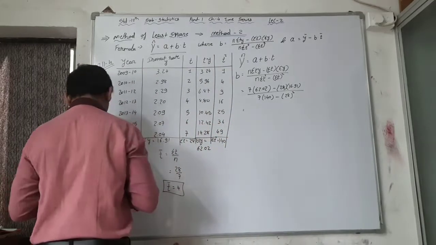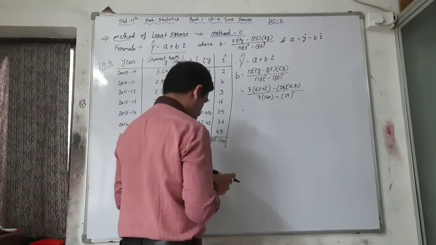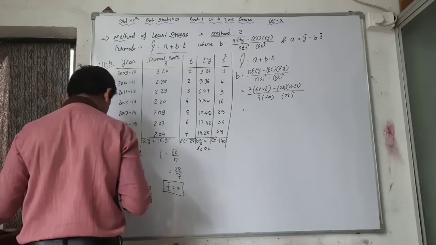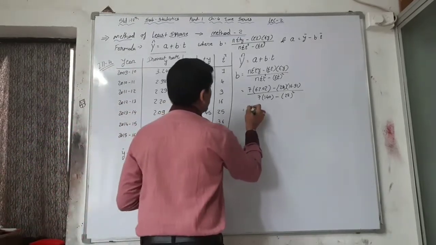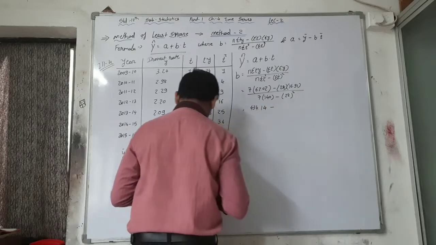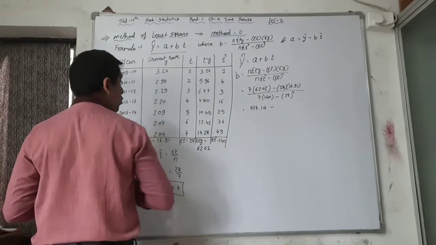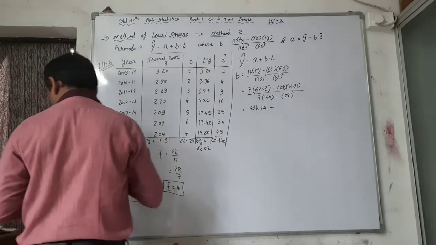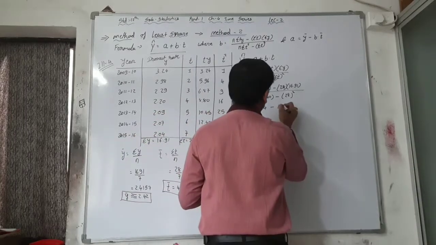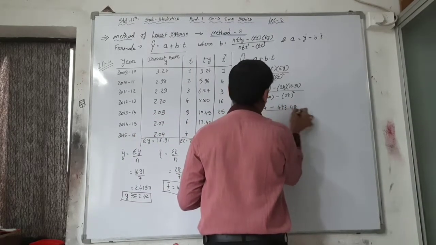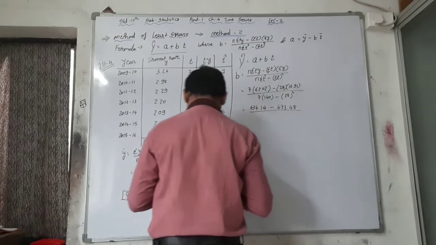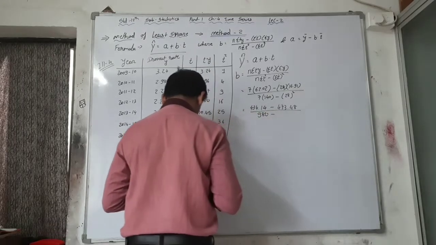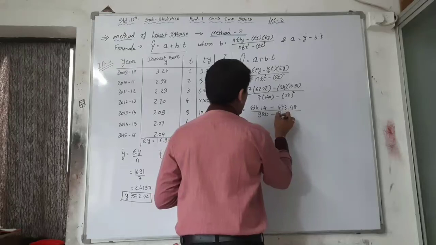Now simplify it. 7 into 62.02, 434.14, minus 28 into 16.91, that is 473.48. Seven into 140, that is 980, minus 784.